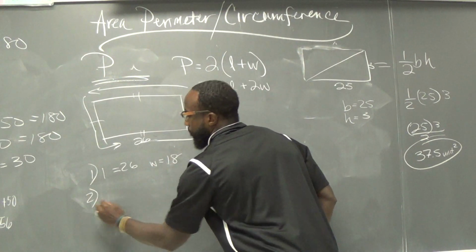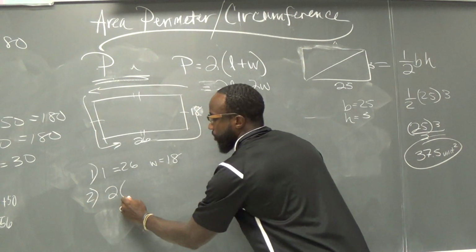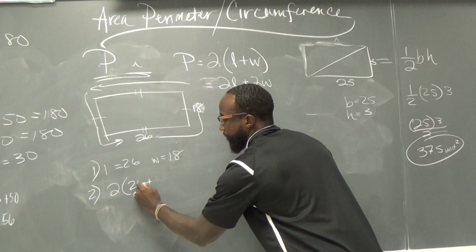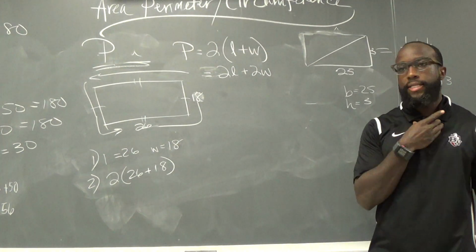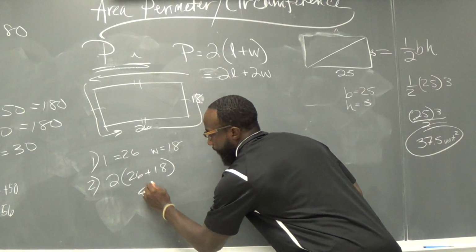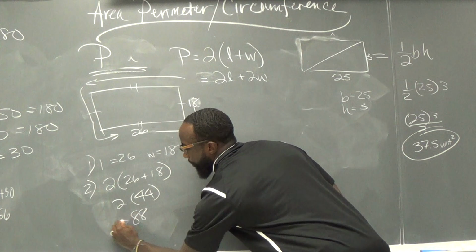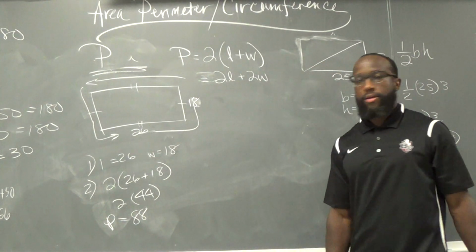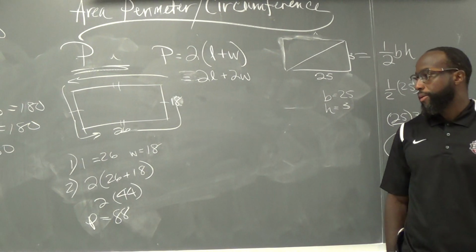You plug it in. So we can do it like this: 2 times 26 plus 18. 26 plus 18 is what? 44. 44 times 2. 88. 88 would be the perimeter.